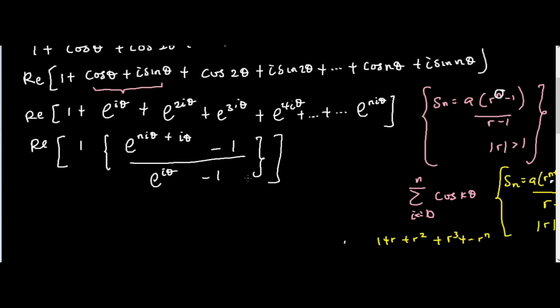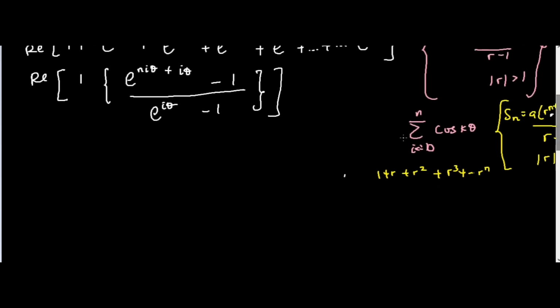All right. So from here we'll proceed, and we can actually condense this question in a more visible way. 1 times anything is actually 1. So this can be written as e raised to power n plus 1, right? N plus 1 I theta, I think. Is that fine?